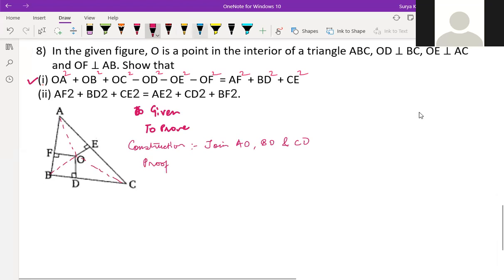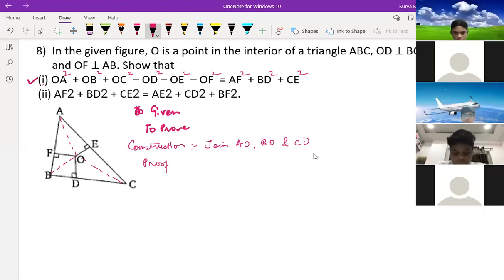Anyone wants to try or shall I solve? Drishi, Rasool, you people want to try once? Or shall I solve the question directly? Just try if you can do.